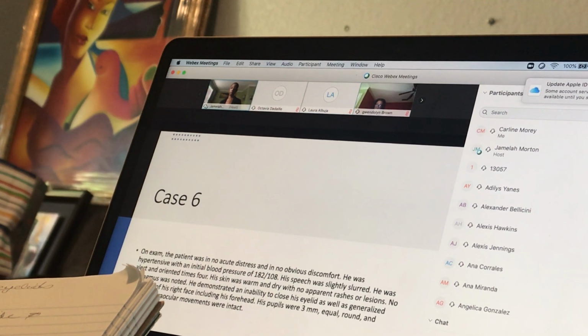Thanks. Okay. On exam, the patient is in no acute distress, no obvious discomfort. He was hypertensive. His initial blood pressure is 182/108. His speech was slightly slurred, and that slurring is probably due to the facial weakness, not speech dysfunction.